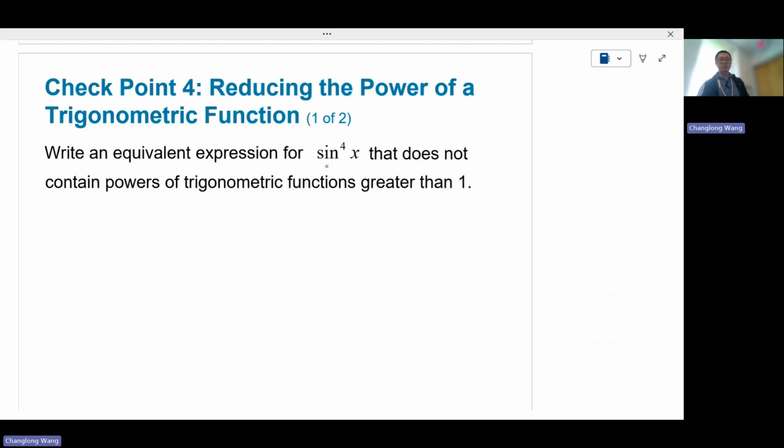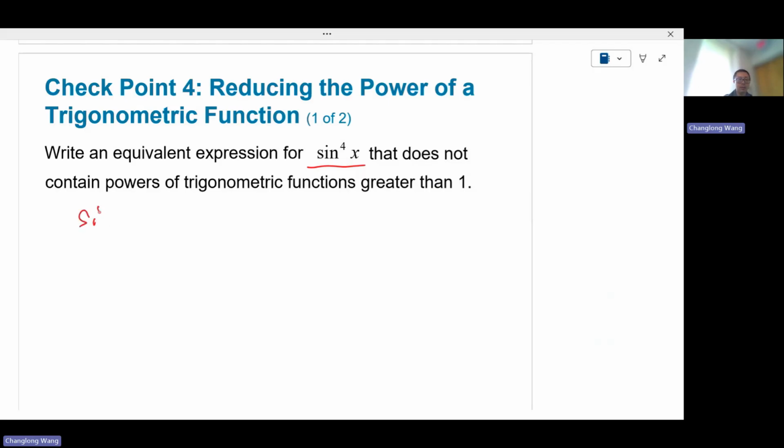So they say that you have sine to the fourth power, but they want you to write that expression in terms of trig functions with powers no greater than 1. So they want to reduce the power. But the tools we have can only help us with the second power.